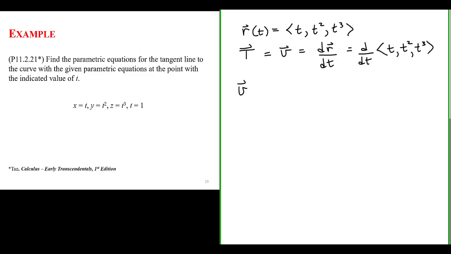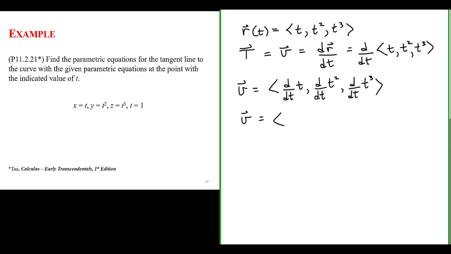So vector v is just the derivative of each of the components of our position vector: the derivative of the x component with respect to t, the derivative of our y component with respect to t, and the derivative of our z component with respect to t.